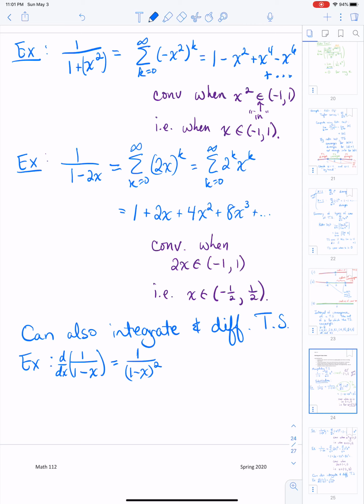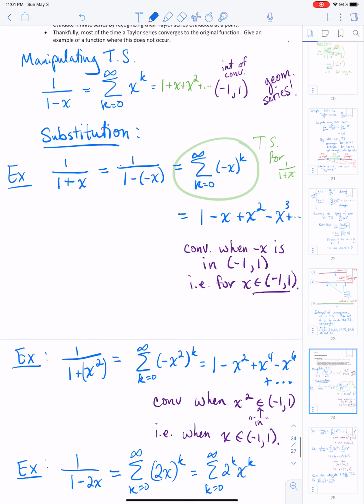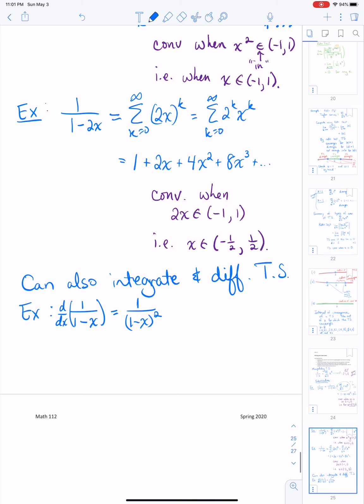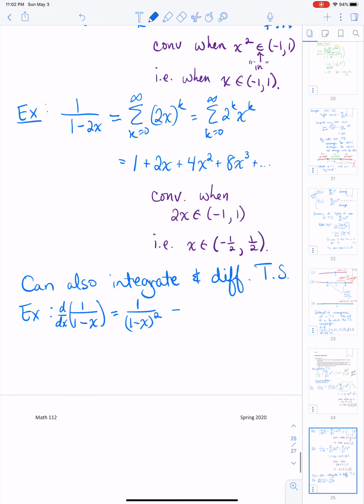So we know that 1 over 1 minus x is just this series right here, the sum of x to the k. And so we want to differentiate that. So this is equal to the derivative of the series for 1 over 1 minus x.